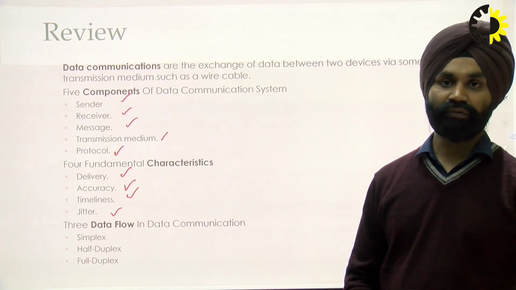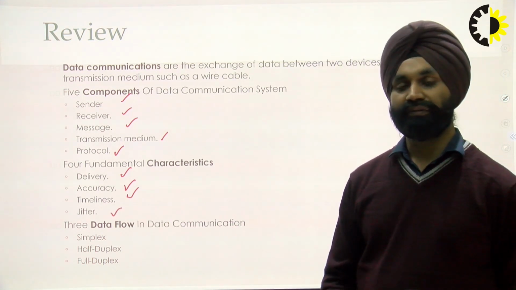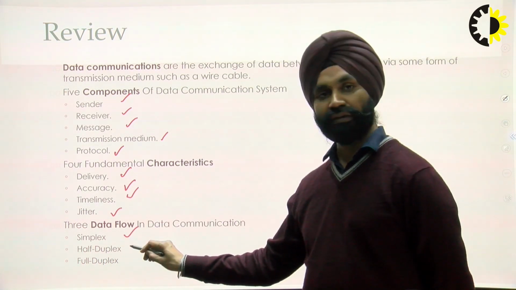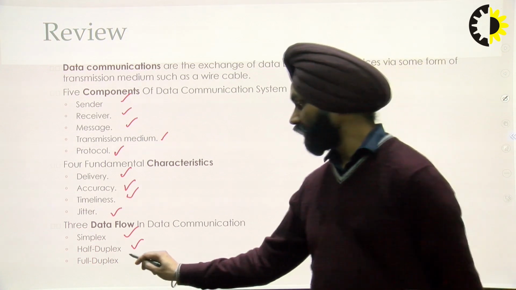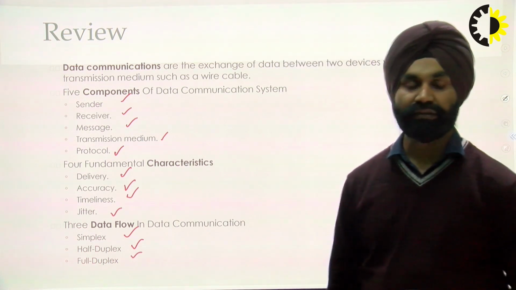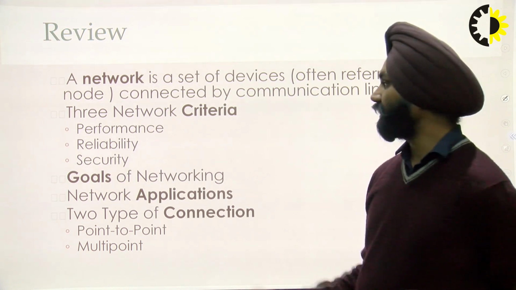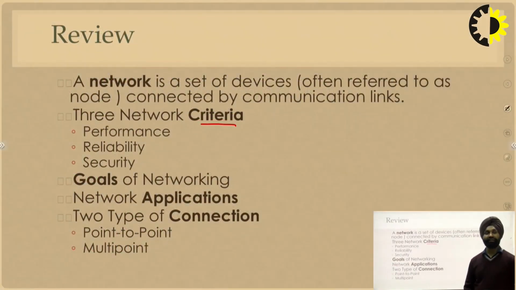There are 3 ways in which data can flow: simplex, half duplex, and full duplex. Then we have also discussed 3 network criteria, which I call the network criteria triangle: performance, reliability, and security.